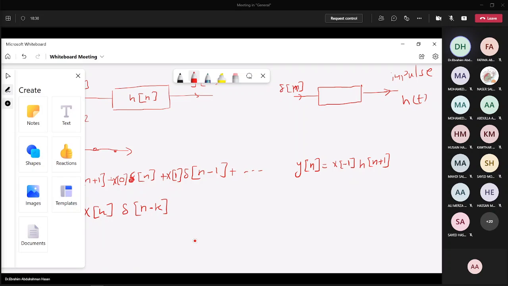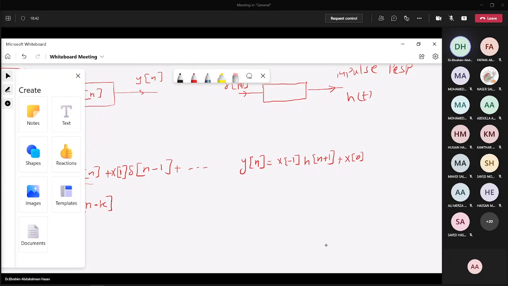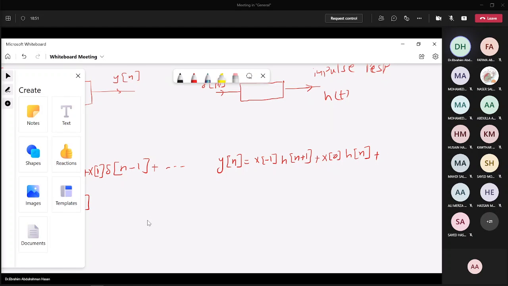Okay, for the second one, it is equal to x0 and the input equal to delta n, then the output equals h of n. Plus, when the input equals x1, the constant, so this is x1 multiplied by the input delta shifted, then it is equal to h of n minus 1.